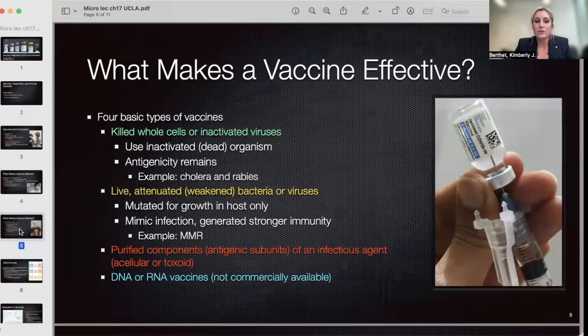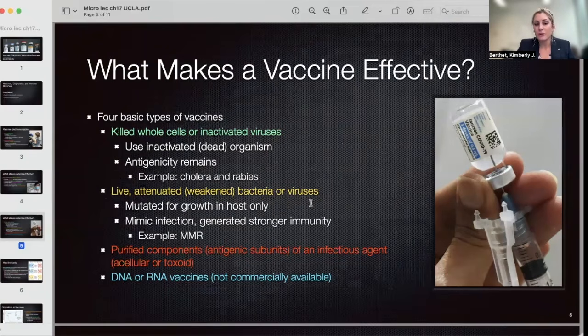Okay. So again, we have vaccines that can be killed. So we have whole cells that are inactivated, dead organisms. So these get a large immune response. We also have live or attenuated weakened viruses. A lot of times these are mutated so that their growth is essentially diminished within the cells.